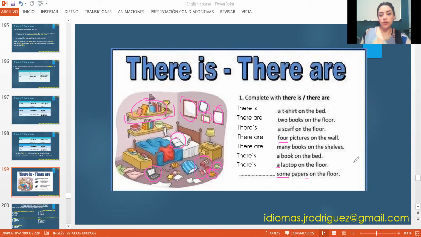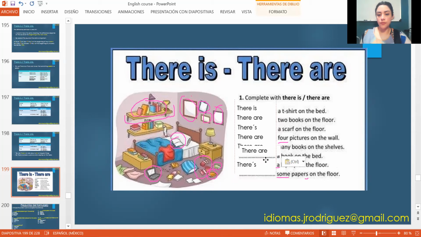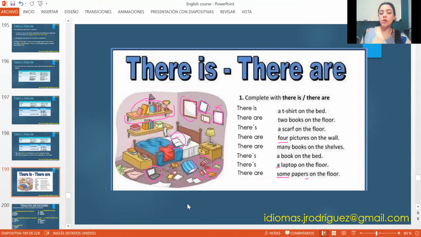Okay, so we'll use there are. There are some papers on the floor. Hay algunos papeles en el piso. Paper, papers. Okay, here's another paper.